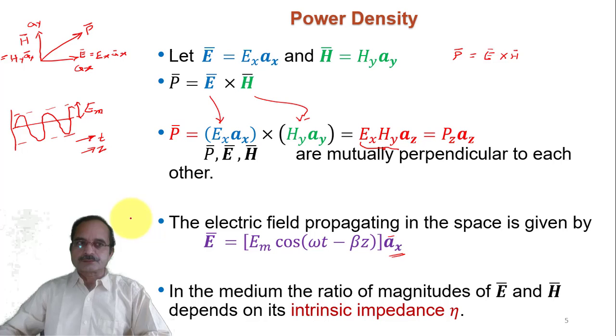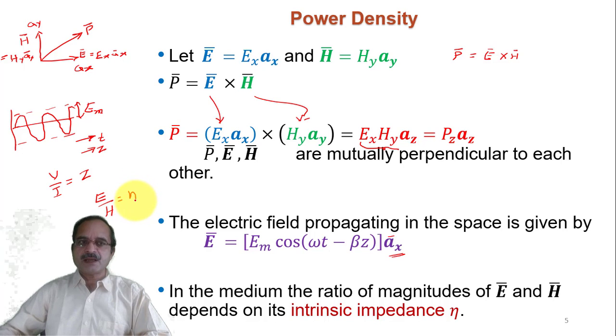Now, in case of our conventional circuits, we know the ratio of voltage upon current is the impedance. In the same manner, for electric fields and magnetic fields, the ratio of the electric field to magnetic field is also an impedance.